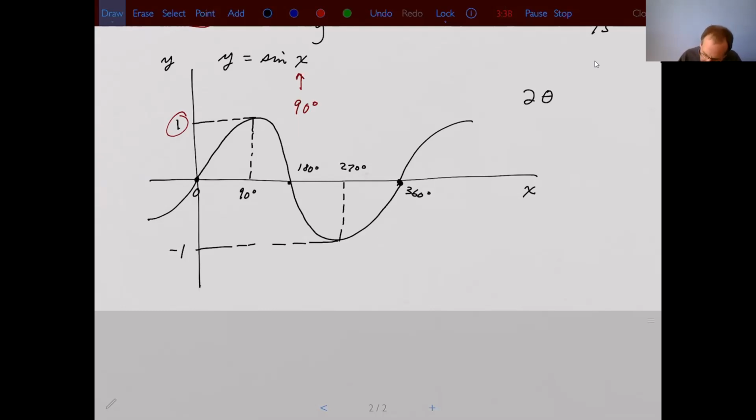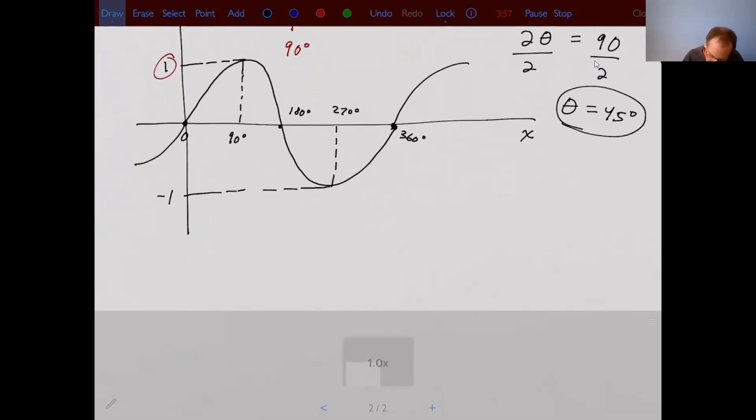So when 2 theta is equal to 90, then we know that sine of 90 is going to be equal to 1. So therefore, what is theta? Well, if I divide by 2, theta is 45 degrees.